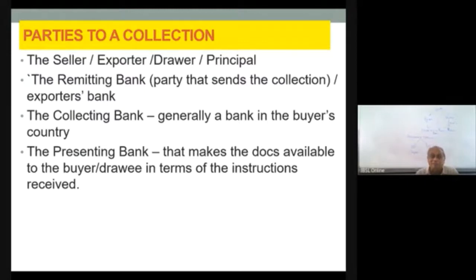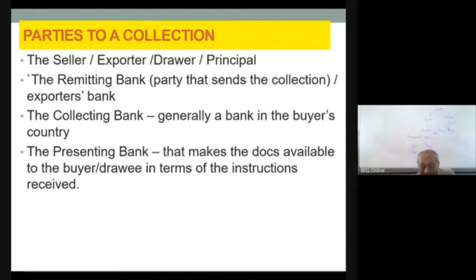Parties to a collection. In collection operations, the seller is one party. There's another name for the seller: exporter, drawer, and principal. Principal, because he is like the principal of a school; everybody does things as per the instructions given by the seller.